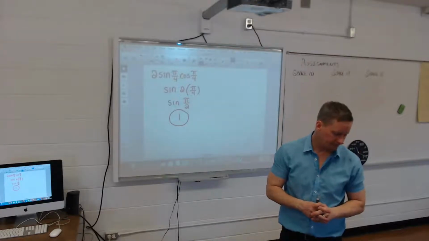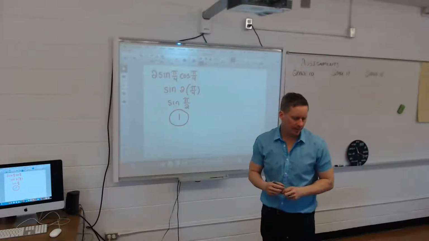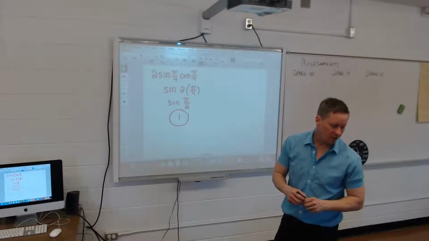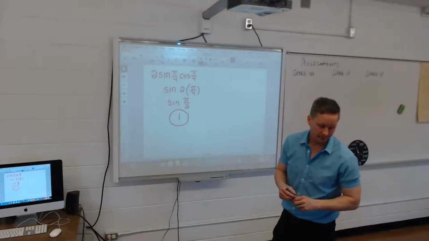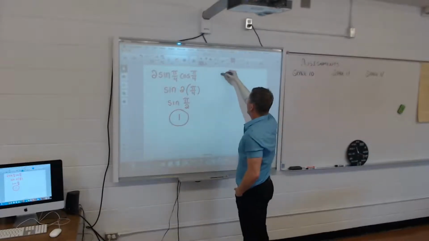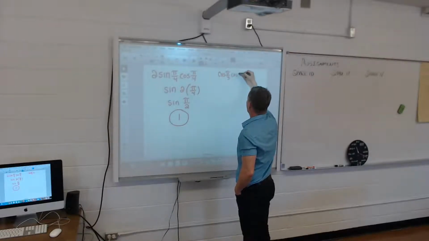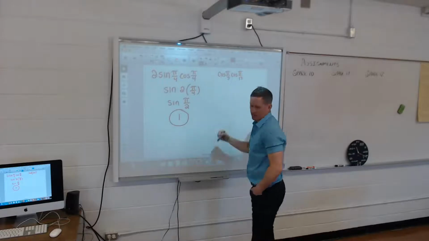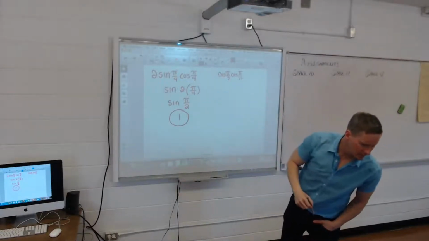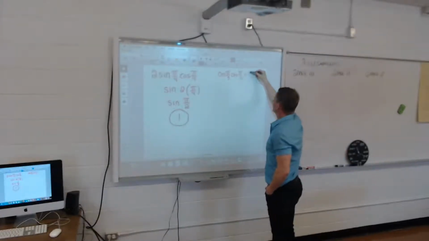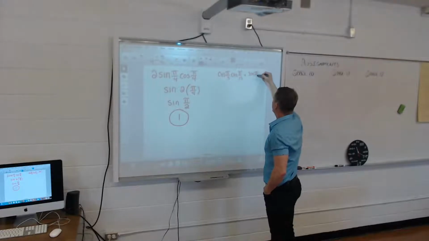All right? Let's look at 2b. I have cos plus sine sine. So I have cos pi over 3, cos pi over 12, plus sine pi over 3, sine pi over 12.